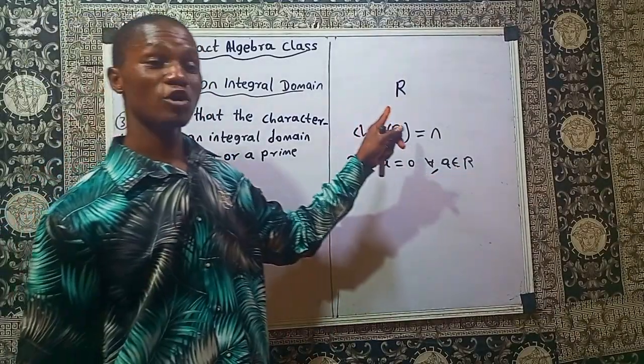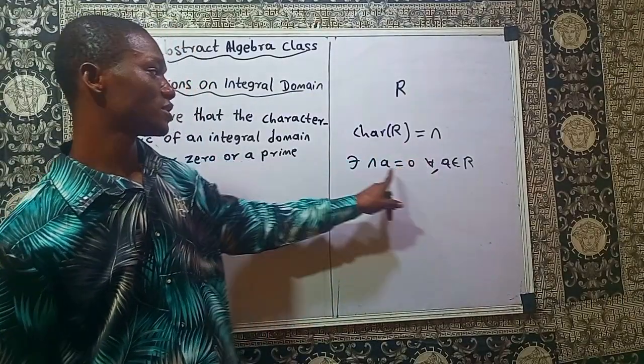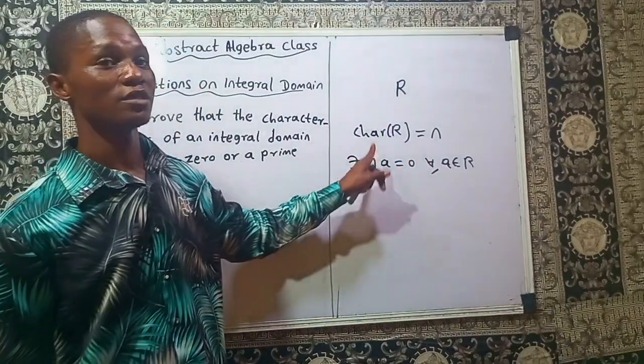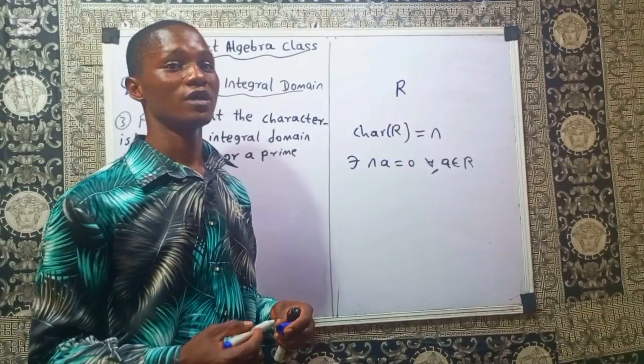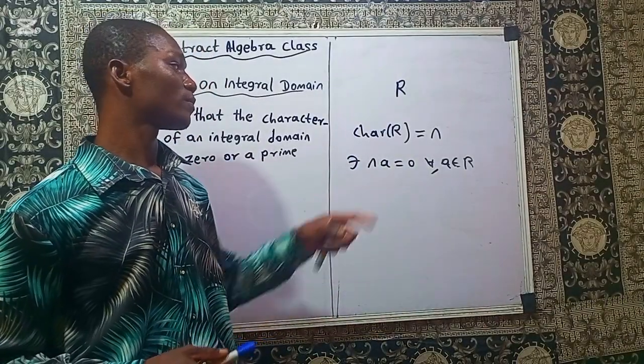So the characteristic of a ring R is a non-negative integer such that if you use it to multiply the elements of this ring R, you are going to get 0.